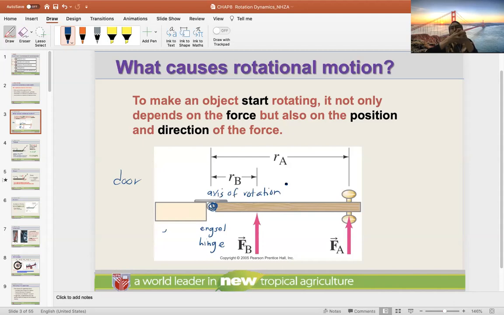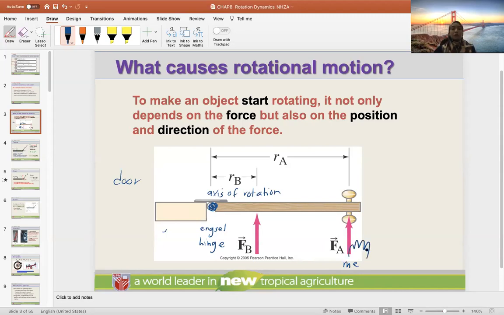Because this part does not move, but the rest of the door moves. This part of the hinge does not move. It is the axis of rotation, right? So this is your axis of rotation, and this is your door. Okay, this is me. I am pushing with a force of FA. I push, so this is my hand, right?